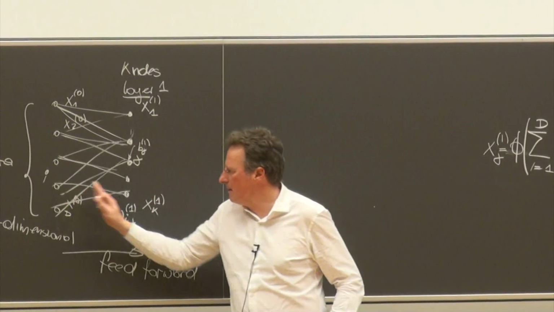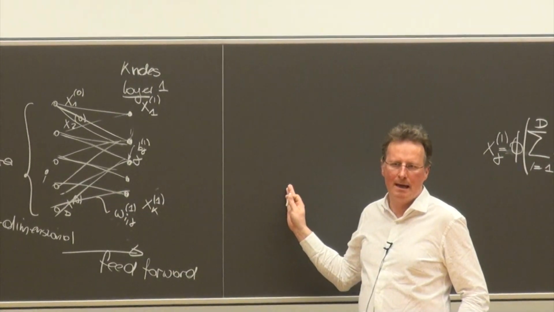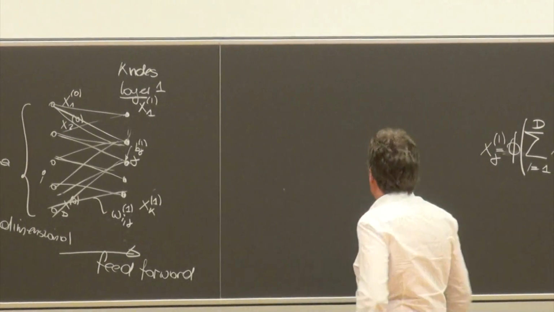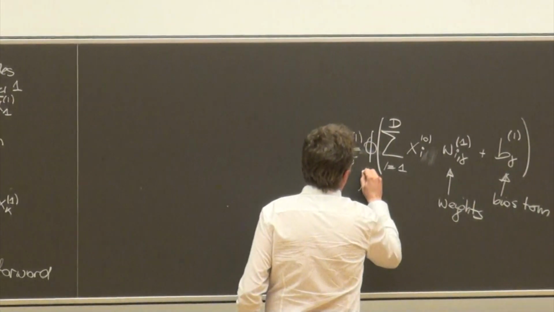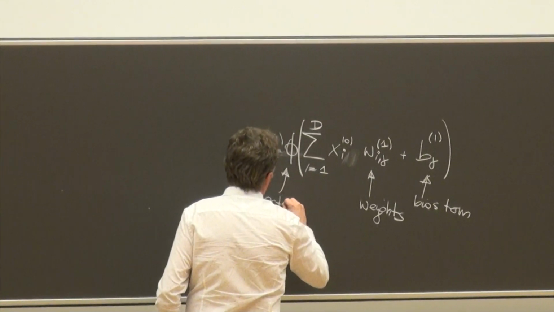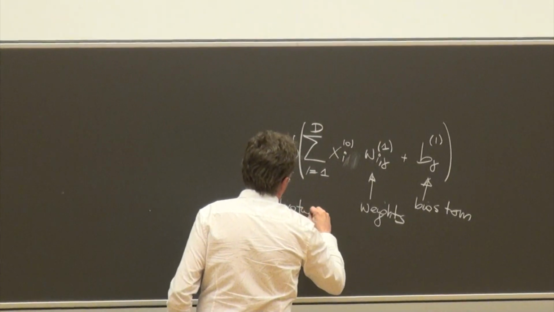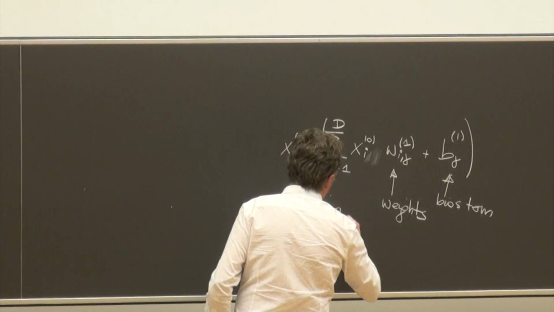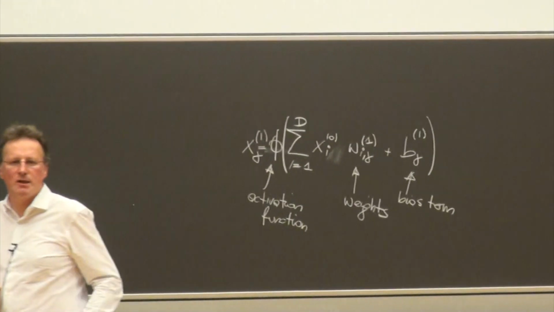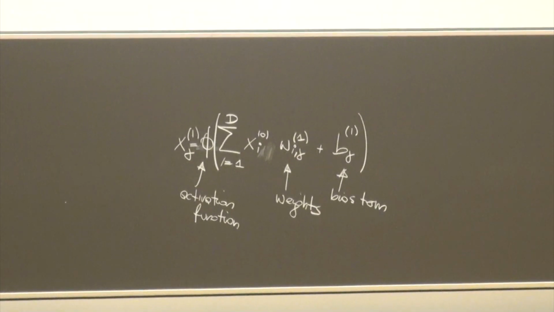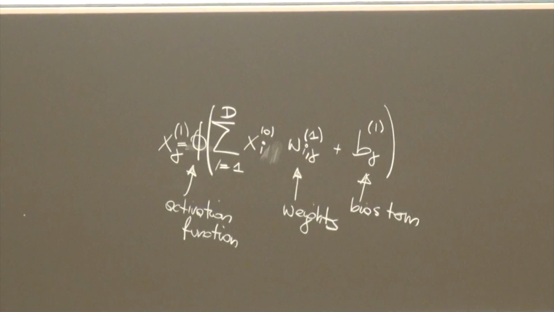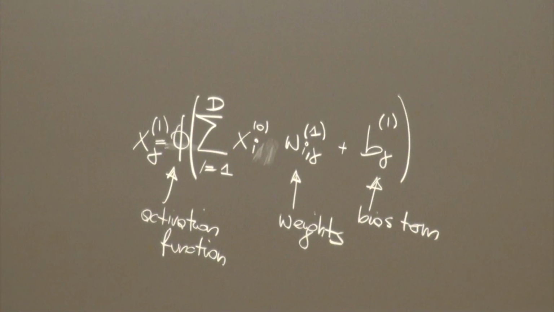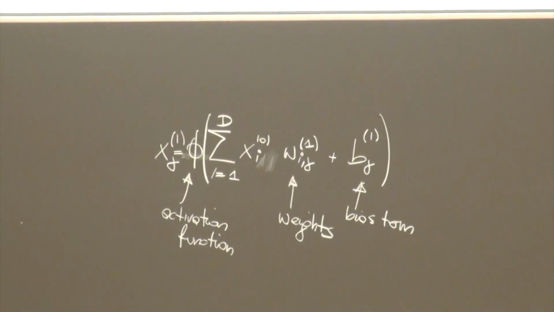So input layer, hidden layers, and we'll then get to an output layer. And this thing here is called the activation function. It's just a name, it's just whatever function I pick here. The important thing is that this activation function will be some non-linear function.